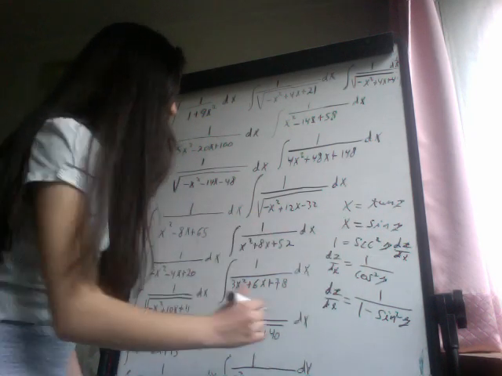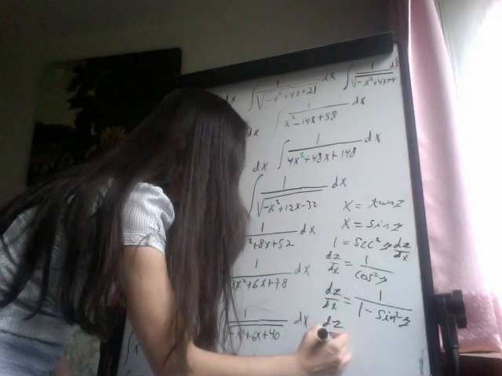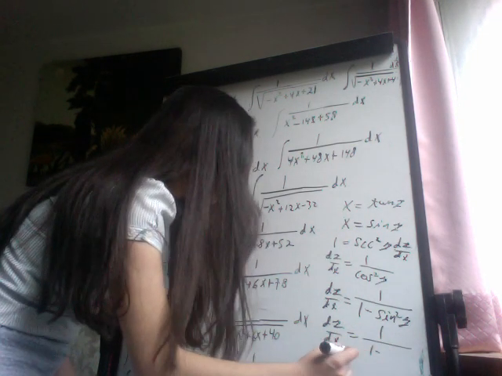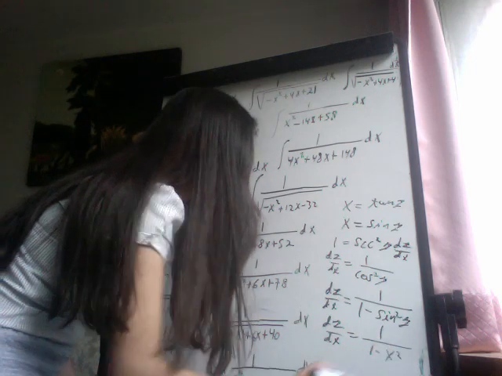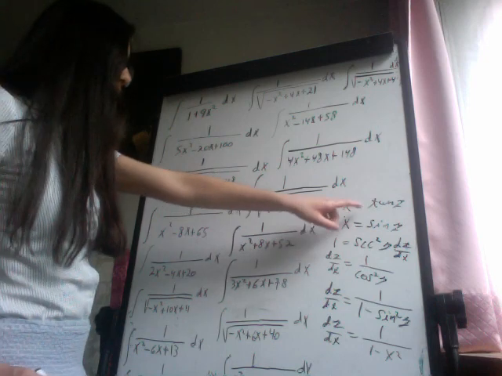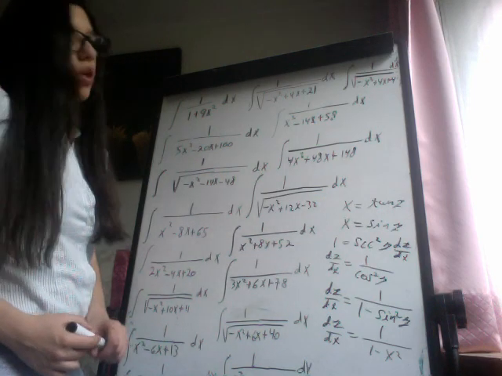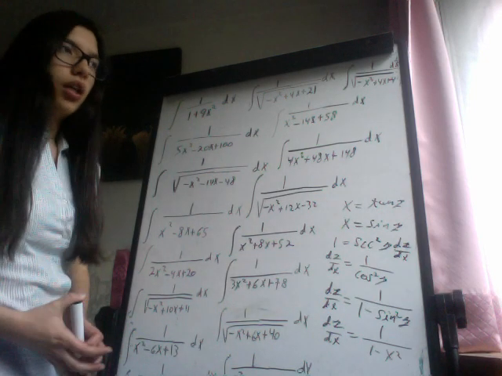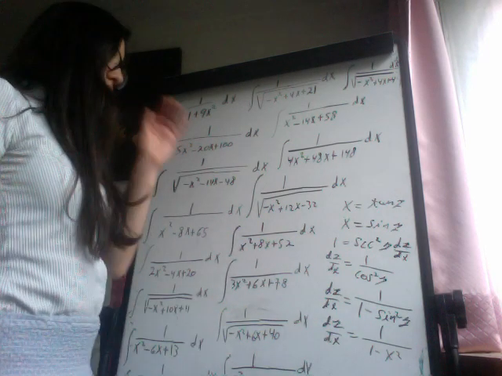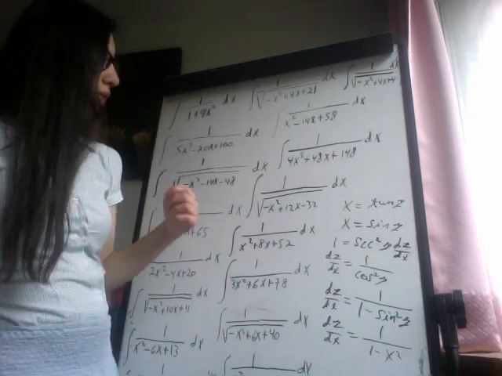That's x. So dy/dx is equal to 1 divided by 1 minus x squared. So the derivative of arctangent of x is 1 over 1 minus x squared.